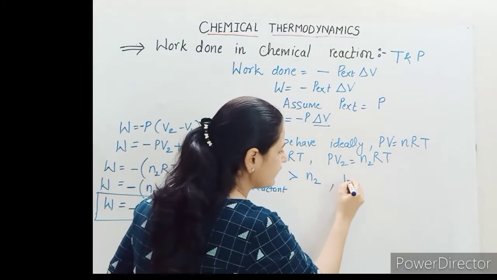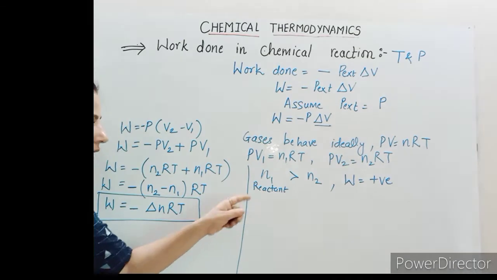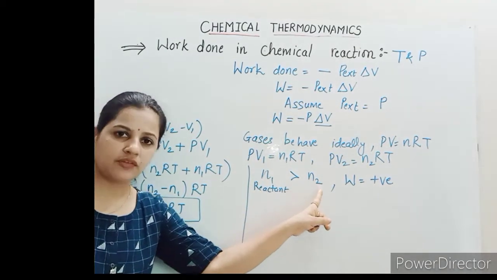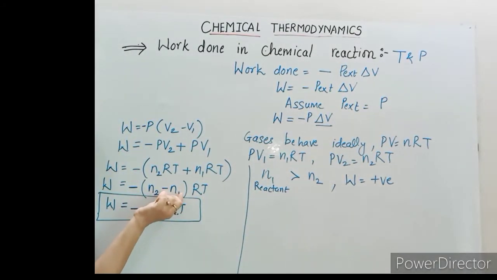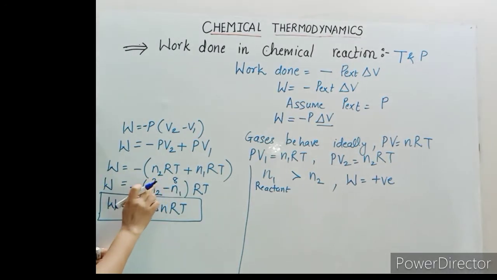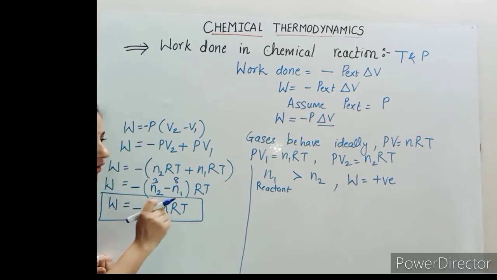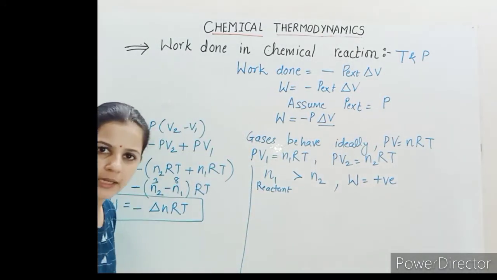So in this case W will become positive. Yes, अगर N1 की वैल्यू N2 से ज्यादा है, सपोज ये है 8 और ये है 3, तो आंसर क्या बन जाएगा मेरा, -5, और -5 इंटू माइनस विल बी +5. सो W की वैल्यू क्या आ जाएगी, पॉजिटिव.